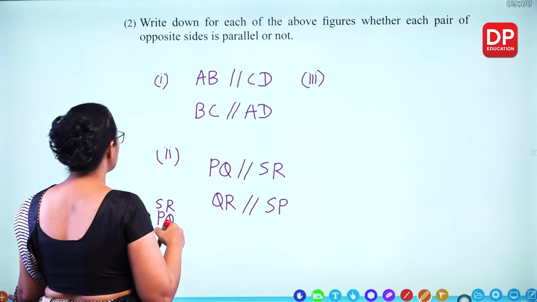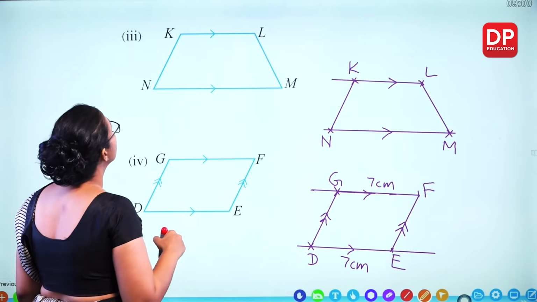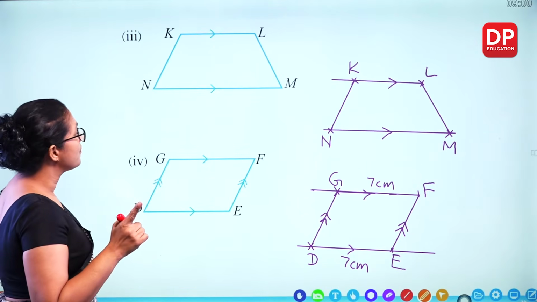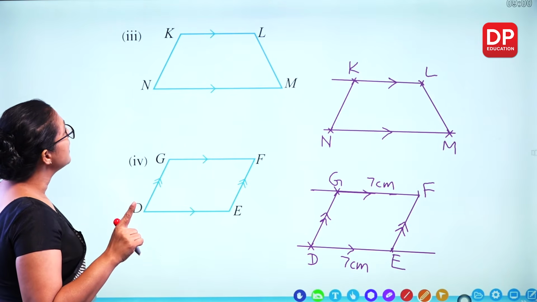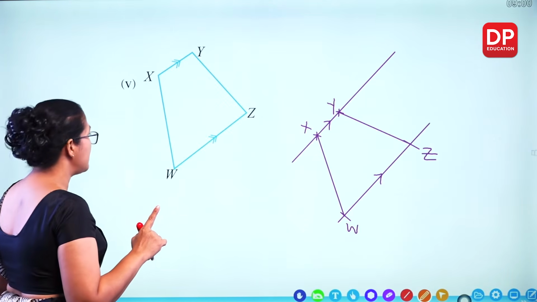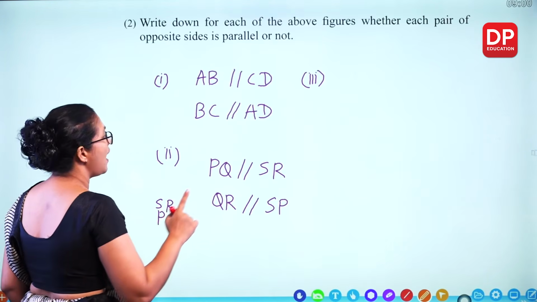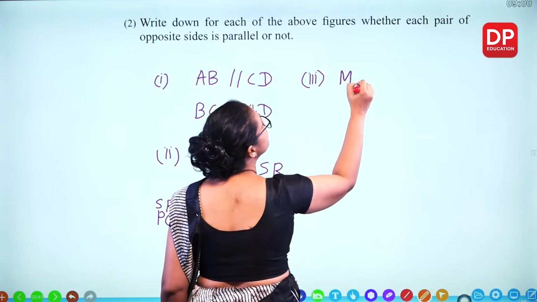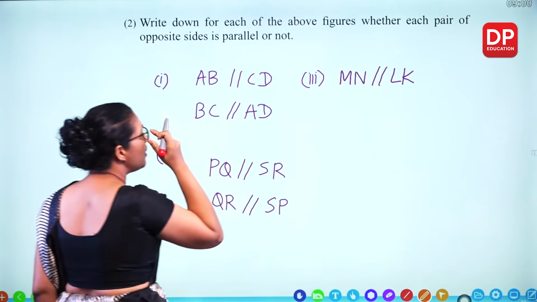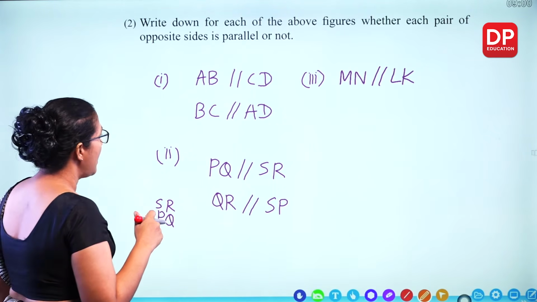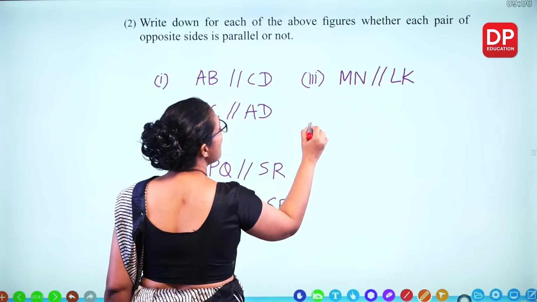Third one, what was the shape? A trapezium. So MN and LK. Only one pair of parallel lines. And the fourth one is a parallelogram.